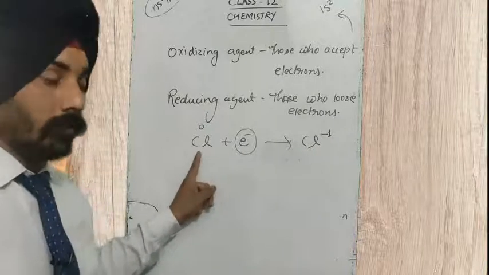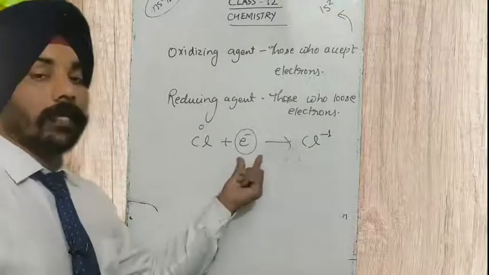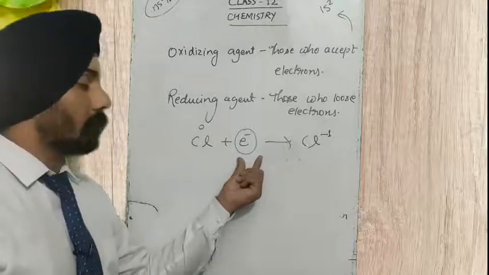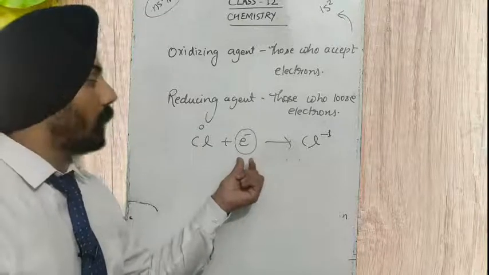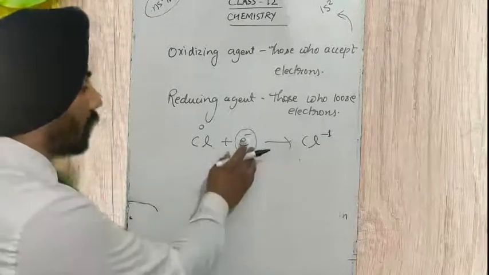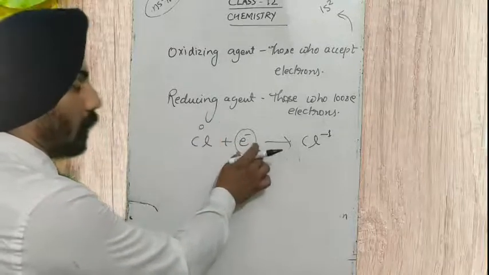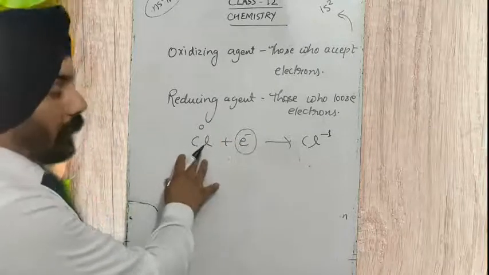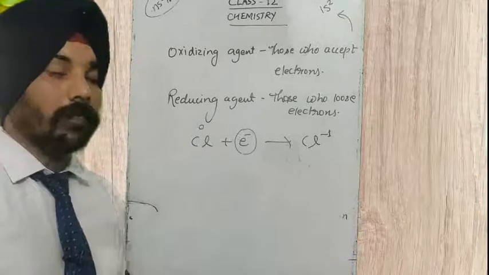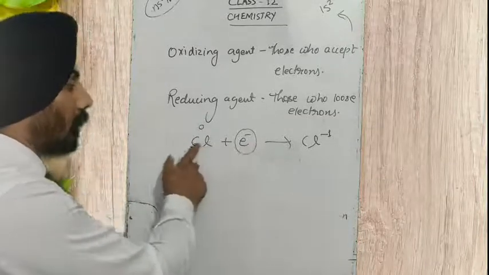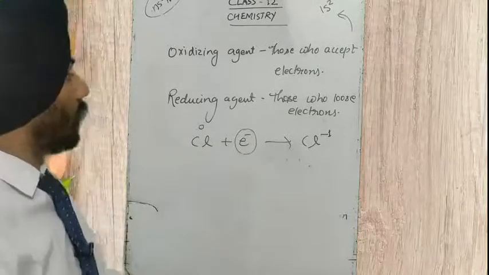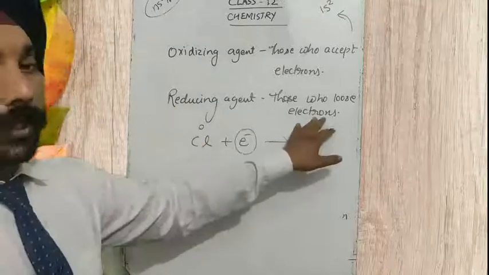Chlorine is reducing, and some species or compound must be there which provides this electron to the chlorine atom. Whatever species provides this electron to the chlorine atom, we call that a reducing agent.